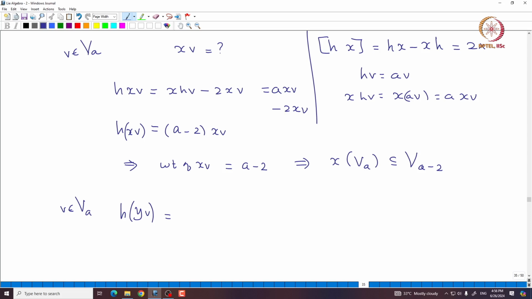So, H of y v is going to be similarly computed using [H, y] = Hy minus yH, which is minus 2y. So, this is y H v minus 2 y v.